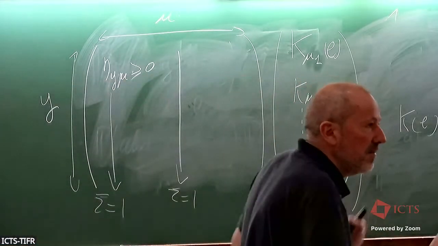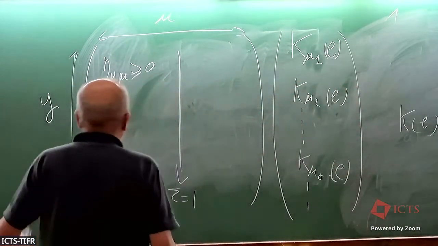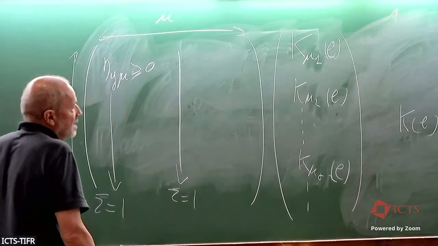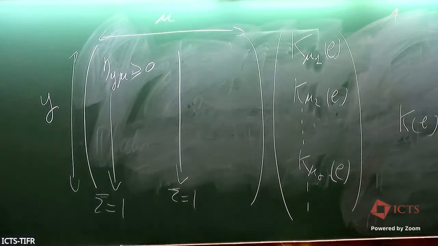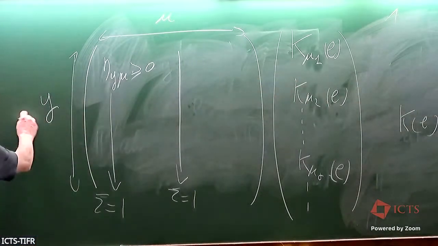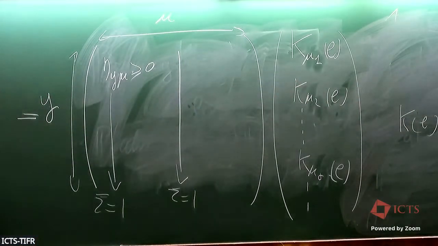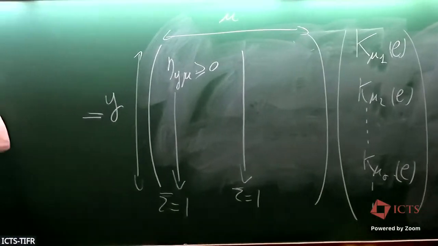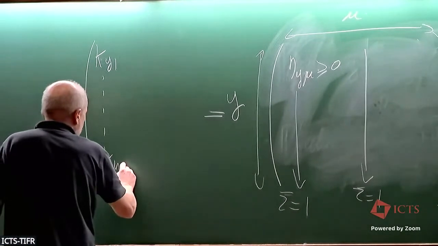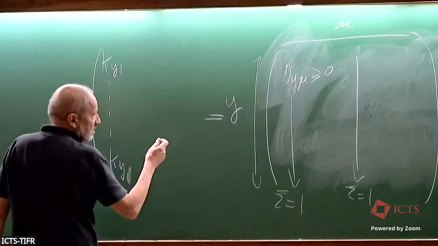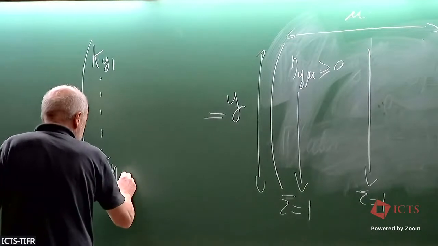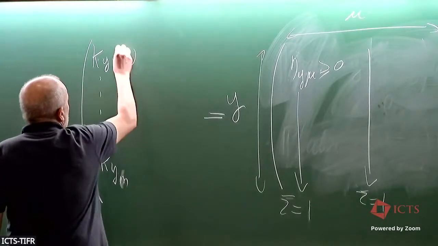So it is a left stochastic matrix, because the vector 1, 1, 1 corresponds to the left eigenvector of eigenvalue 1. And when I multiply these two things, I obtain K of y1, K of y, I will say a certain number, I will say m, number of measurements, rho.